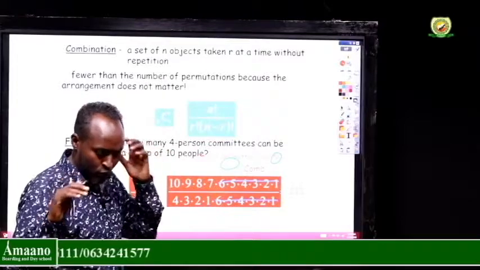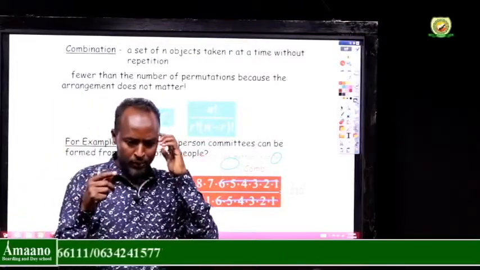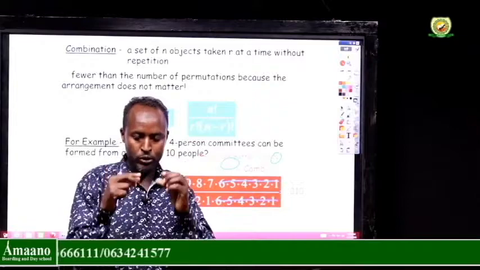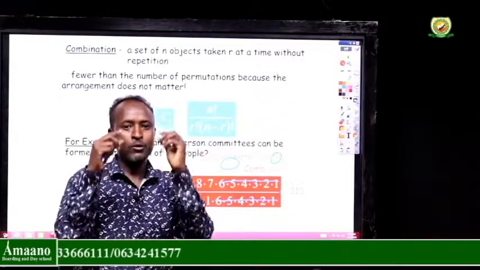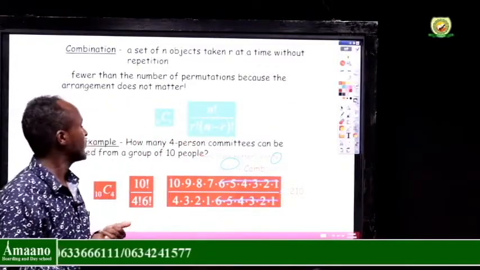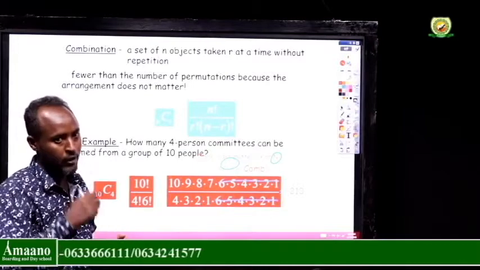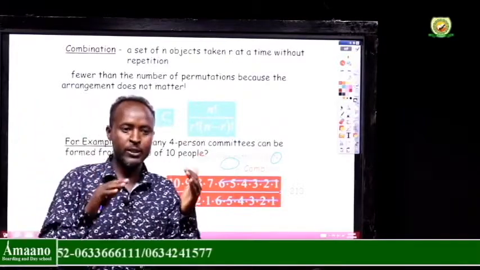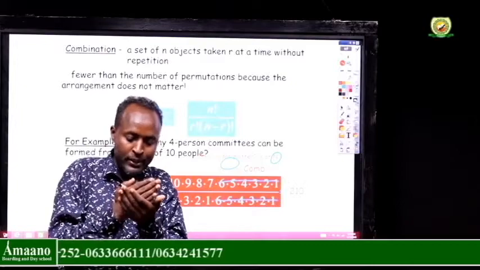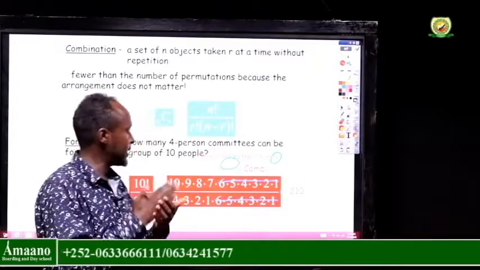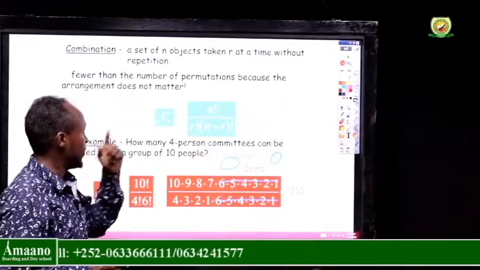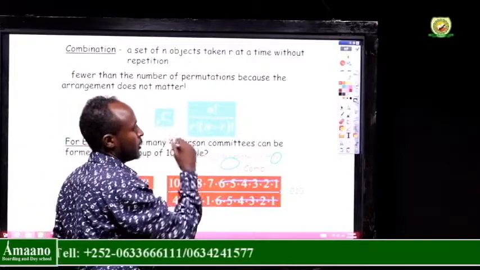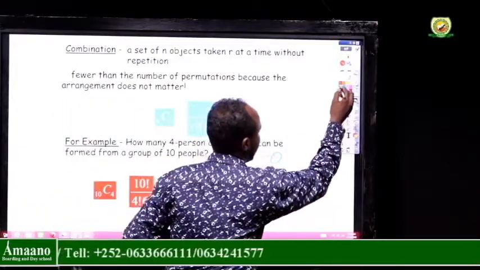Let me ask you one question from your class: what was the meaning of combinations? I think you can remember, combination is a selection of objects where the order of the objects does not make sense. But for permutation, the order of the objects is very important.